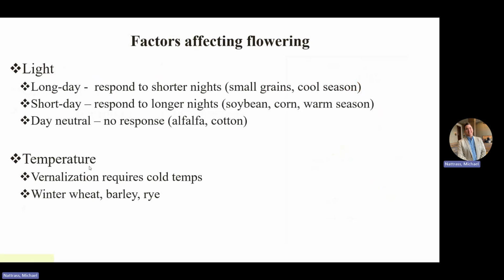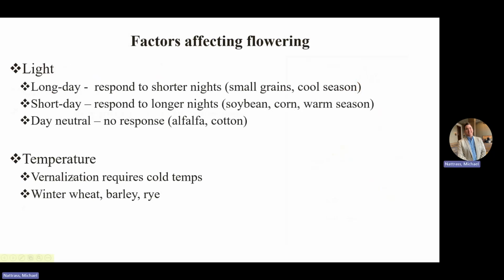And so, as we've talked about growing degree days, that growing degree day is going to influence the growth pattern, and you can think of growing degree days as the years. So, how long does it take for that plant to reach vegetative state and then move into reproductive phase?